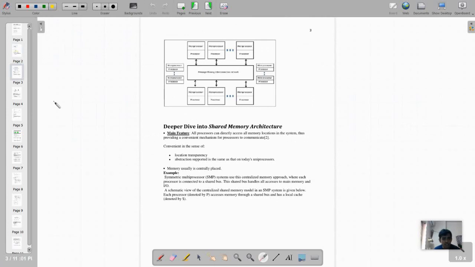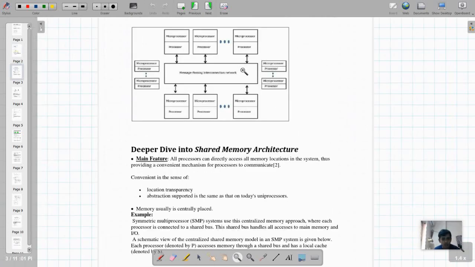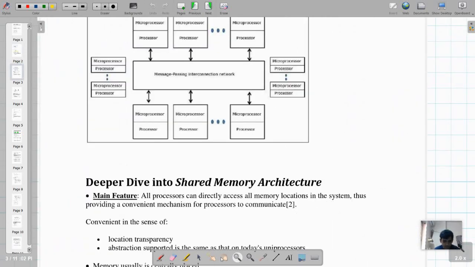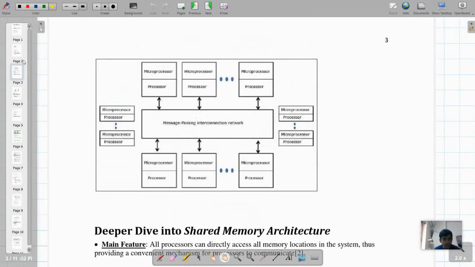So here is a diagram for this distributed memory multi-computers. Here you can see that there are a number of multiprocessors. That means under each processor you have multiple processors embedded into them, and they are connected via a message passing interconnection network.